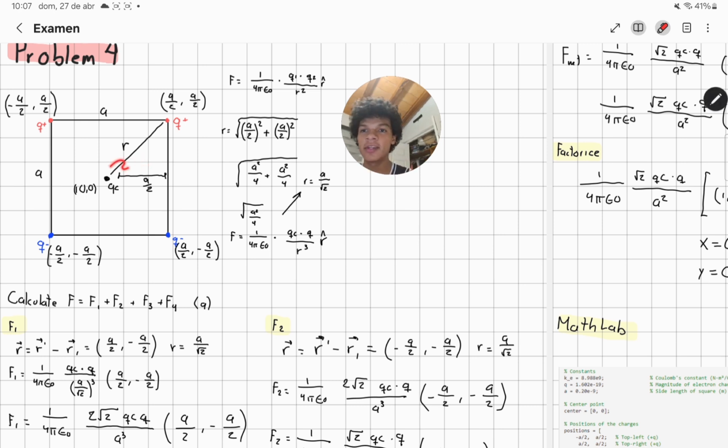So according to that, this should be half a. So here we have all the coordinates, a halves, comma, a halves, and so on with all the coordinates for the 4 charges.